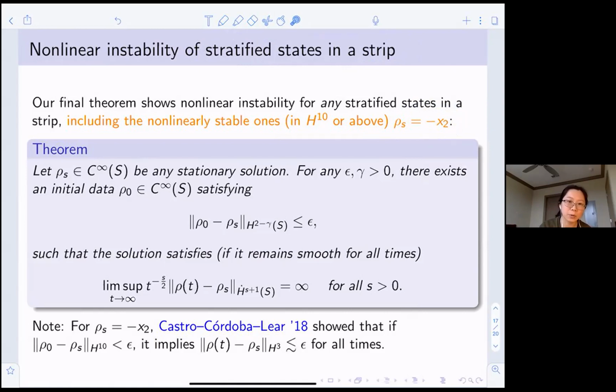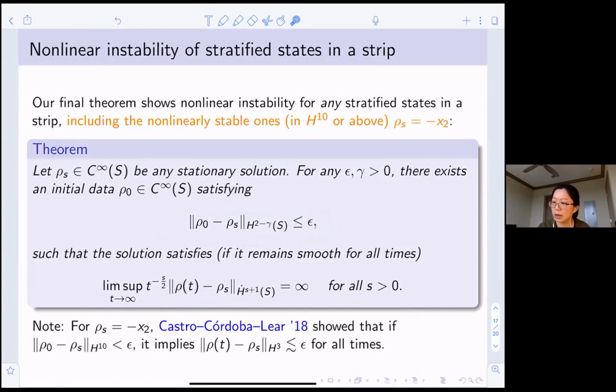And together with Sasha, we show that there exists a smooth perturbation that is small in the H^(2 minus gamma) norm. Okay, so we can make our perturbation small in this 2 minus gamma norm, but not quite in H^2 or above. And then for such small perturbation, we show that the solution will have this growth for all the time.